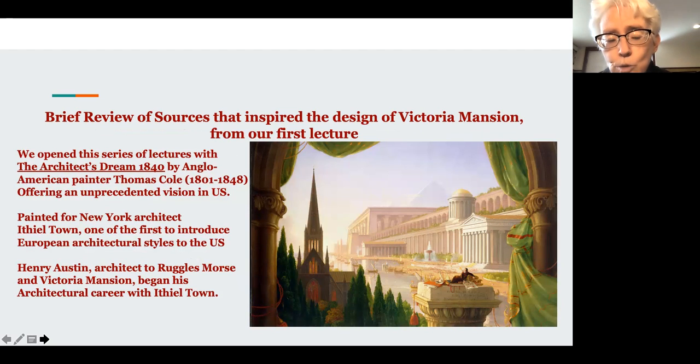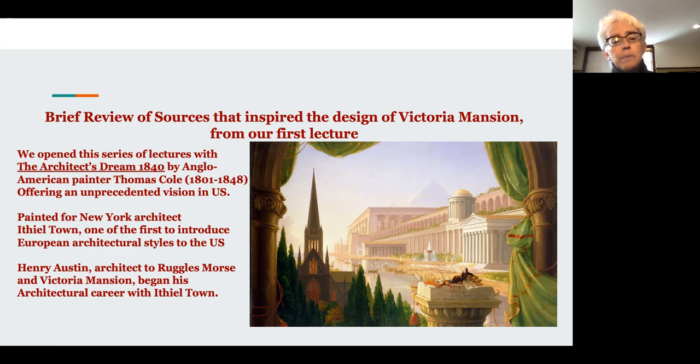First, I'd like to just do a brief review of some of the sources that inspired the design of Victoria Mansion that I mentioned in our first lecture. We opened this whole series of lectures with this painting, The Architect's Dream, painted in 1840 by Anglo-American painter Thomas Cole, who went on to become the father of the Hudson River School of Artists in the United States.